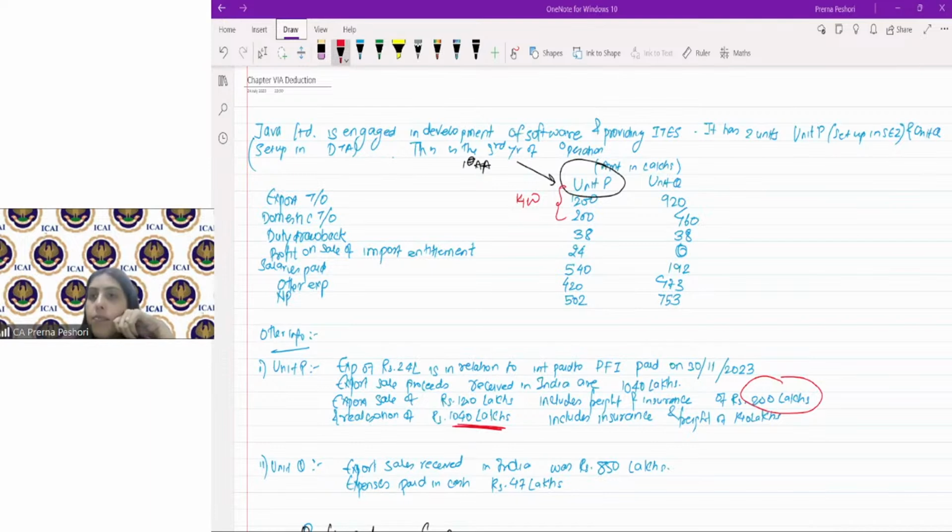Okay? Clear? Okay. Now, what if I make a small amendment in this question and you will have to answer me? Let's say foreign exchange loss 100 lakh.